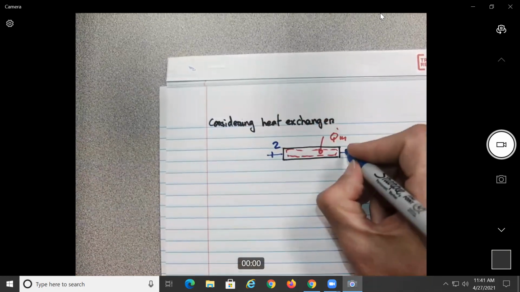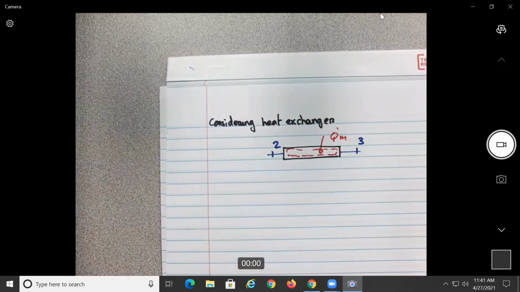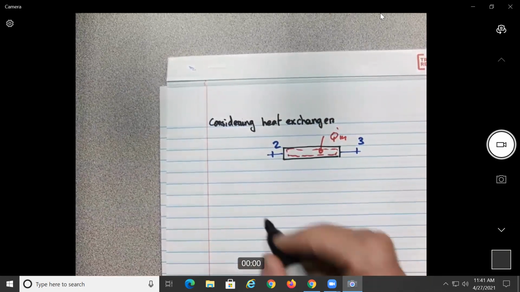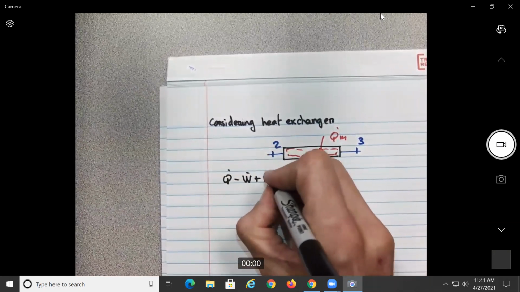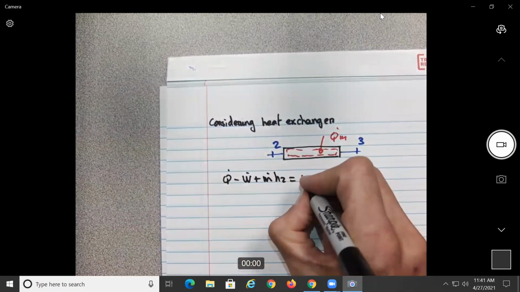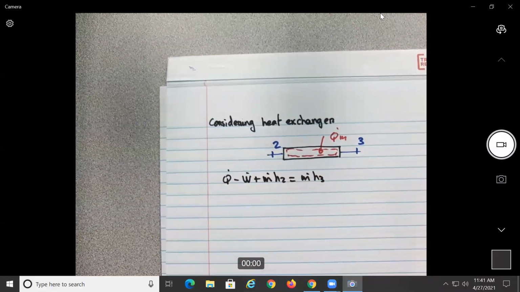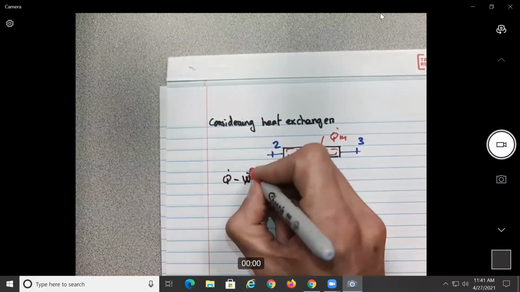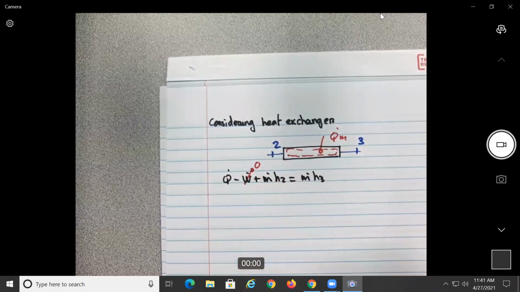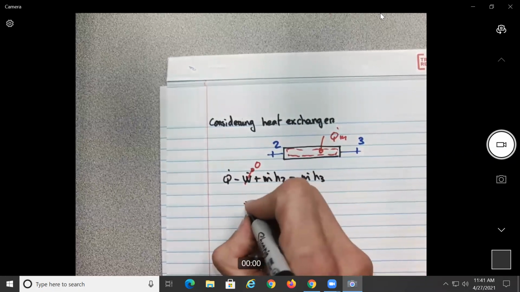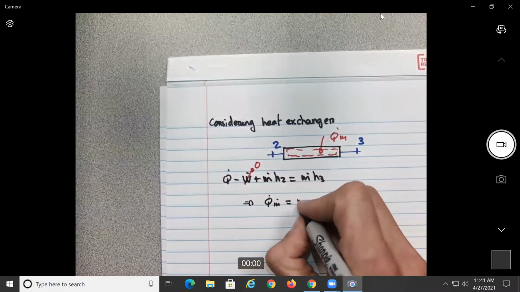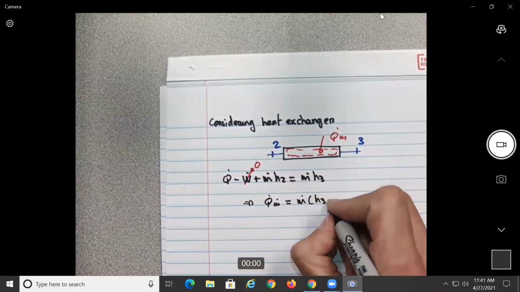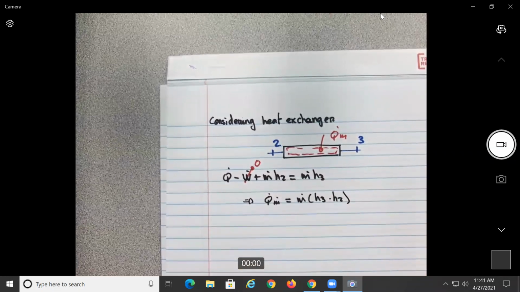You know, this is 2 and 3. What do we have? Q dot minus power plus M dot H2 equal to M dot H3. In this case, what we don't have is any work. So this is gonna give us that Q in is equal to M dot H3 minus H2.